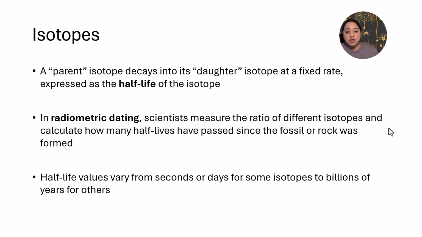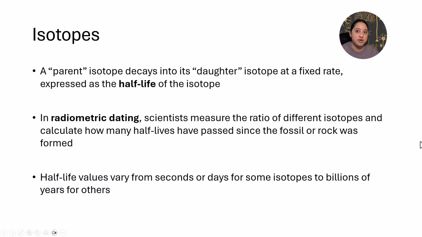And so in another application of chemistry in biology, there is radiometric dating. So scientists can measure the ratio of different isotopes over time. Like, okay, this decayed into this and that decayed into this version. So scientists can measure the ratio of different isotopes and calculate how many half-lives have passed since the fossil or rock that's being studied was formed.